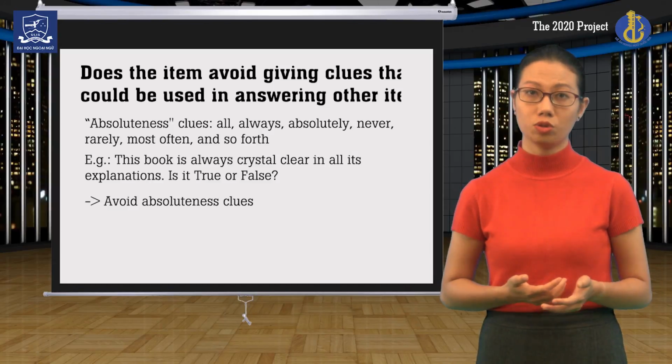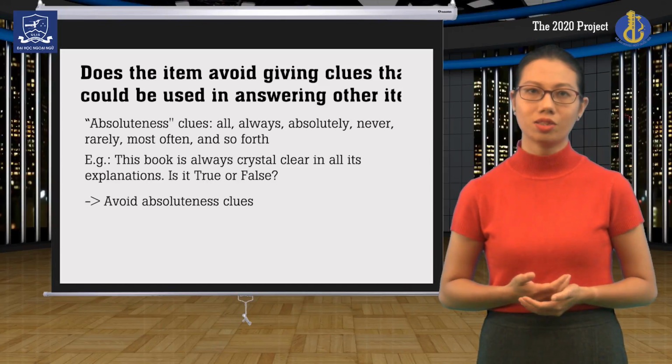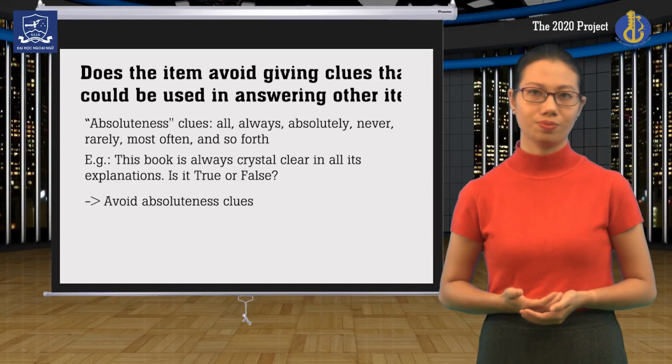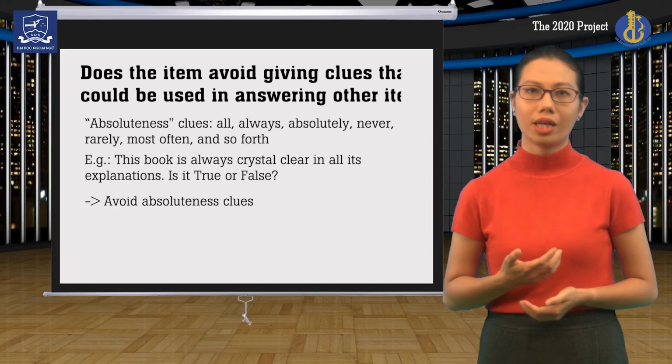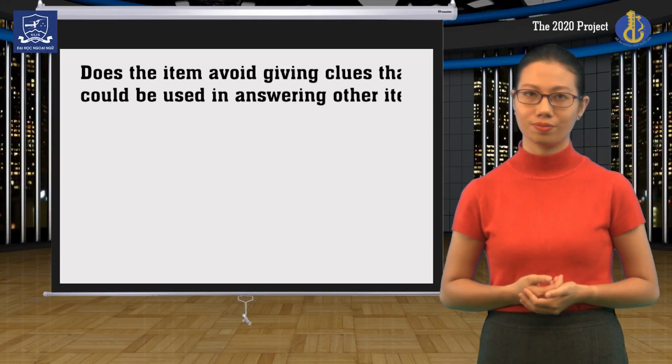True-false items that include such terms are very easy to answer regardless of concept or skill being tested because the answer is inevitably false. For example, this book is always crystal clear in all its explanations. Is it true or false?